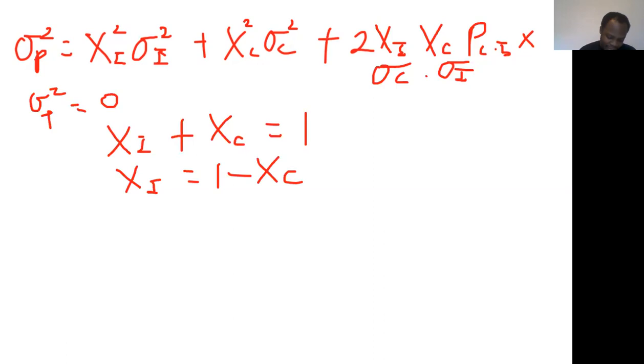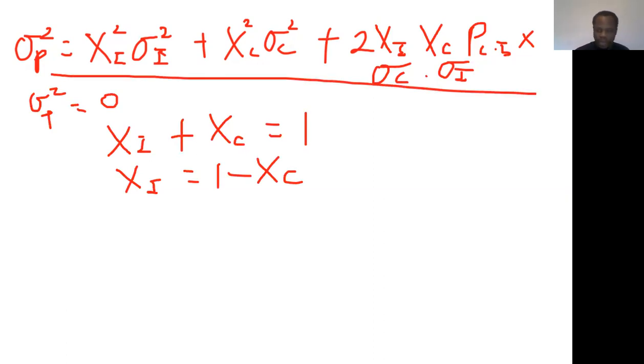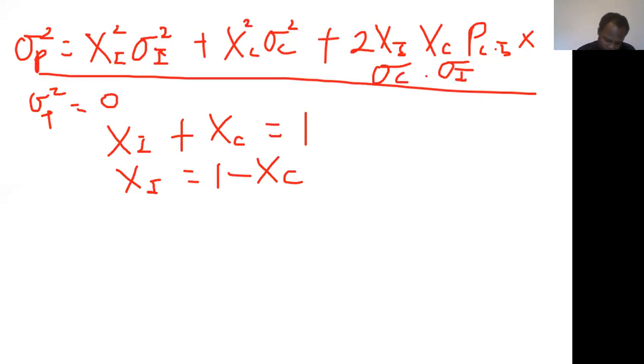So great. Now we are saying that the share of Intel equals 1 minus the share of Coke, and I want to replace everything in the portfolio variance formula. So let's write the formula again. The portfolio variance equals the weight of Intel squared, but in the question we were given the volatility.